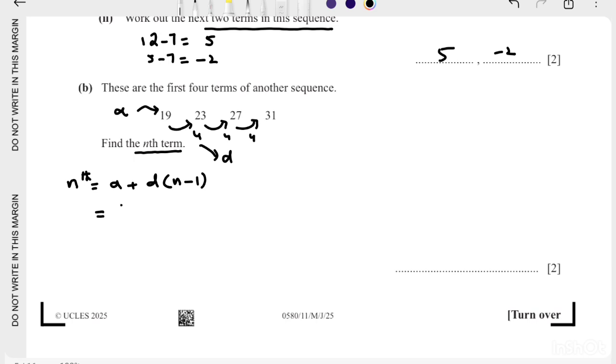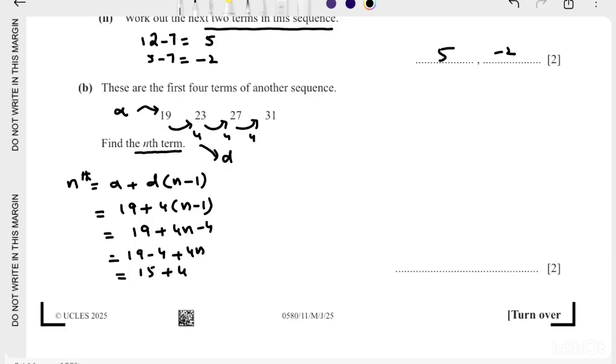So it will be 19 plus 4 bracket open n minus 1. So it will be 19 plus 4n minus 4. So 19 minus 4 plus 4n will be 15 plus 4n. This is the nth term of the sequence, or general formula.